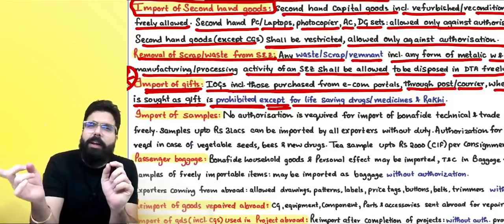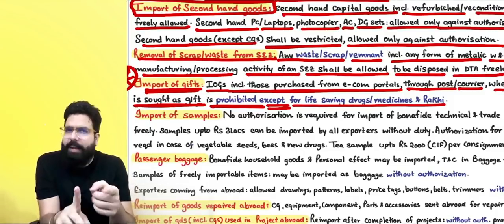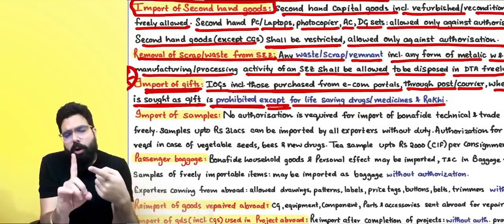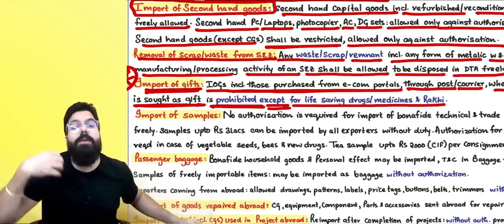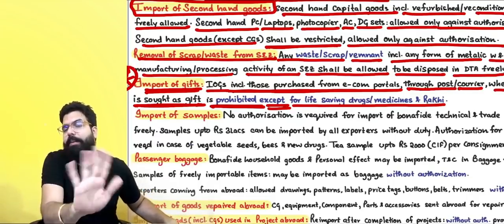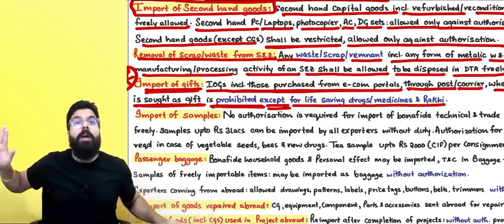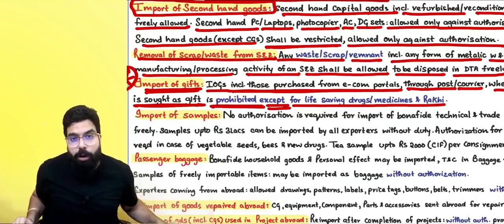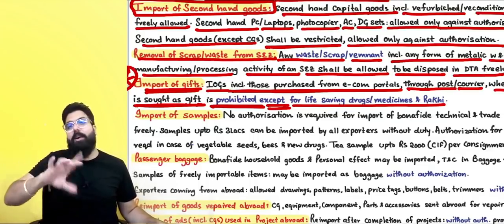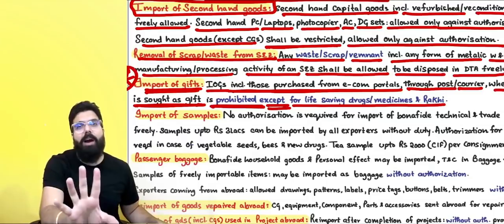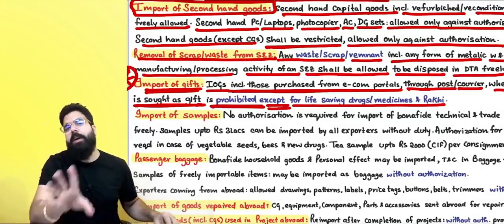See, through courier you can import and pay the duty. 100% duty on courier imports is there. But if you are telling, sir, it is a gift, allow me free, Baba, free there is nothing, free it is prohibited. You are telling, sir, then what about medicine? Baba, medicines and Rakhi, only Rakhi is allowed to be imported as gift free.